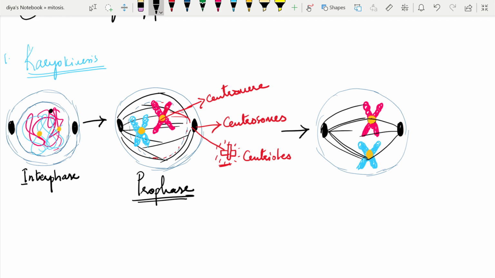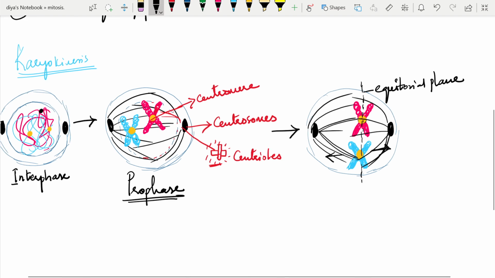Meanwhile, they push the cell apart to opposite poles, and in this phase the chromosomes are aligned at the center of the cell. This imaginary line where the chromosomes align themselves is called the equatorial plane.